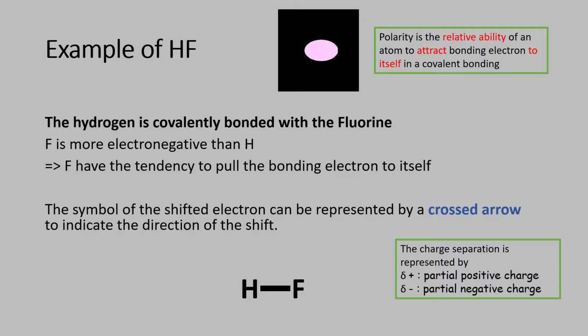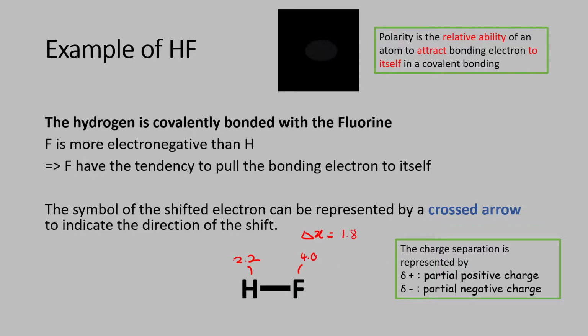So, contohnya HF. Okay, HF is a polar bond. Sebab kalau kita tengok, tadi kita tengok F is 4.0 while hydrogen is 2.2. So electronegativity difference dia berapa? 1.8.